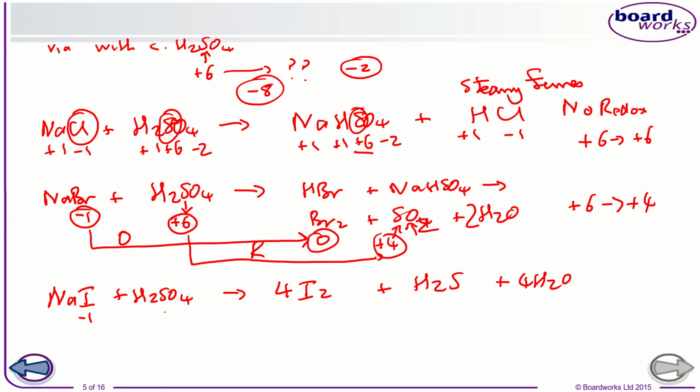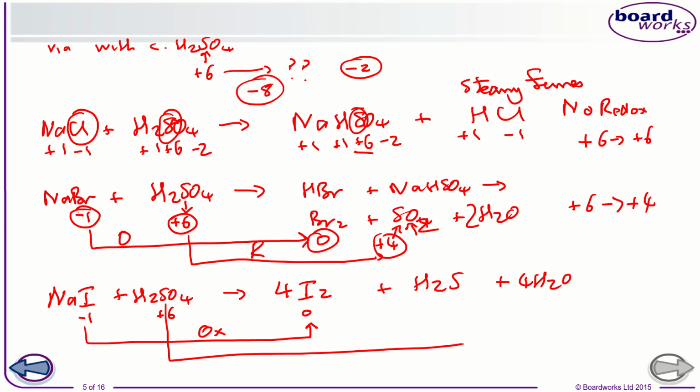This is -1, sulfuric acid again is +6, just doing the relevant ones. Iodide ions have gone from -1 to 0, so of course they have been oxidized and therefore are behaving as the reducing agents. Our sulfur has gone from +6 right the whole way down this time to -2. Remember, the two hydrogens are +1 each, so that's +2 in total. The overall charge of that compound is 0, so you have -2. So here we're going from +6 the whole way down to -2 for the sulfur in this instance.